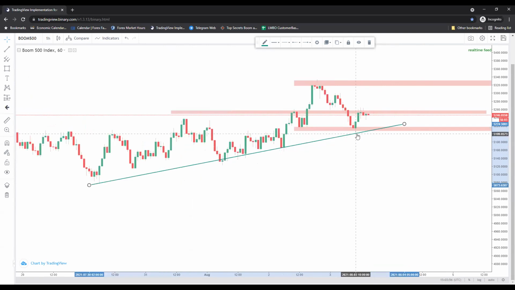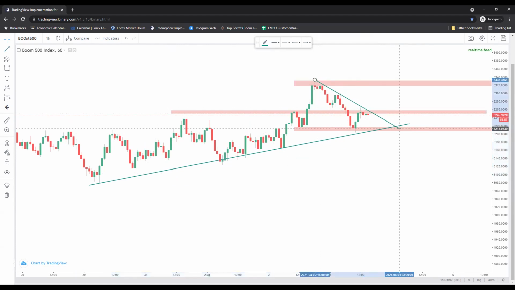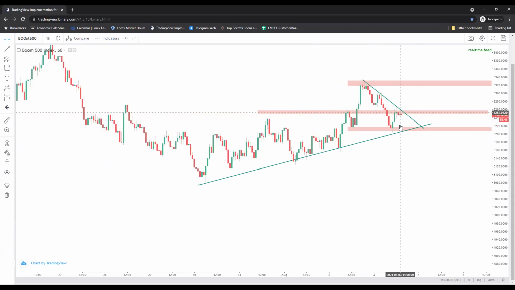It has not touched yet. Correct? Then you have your upper trend line. First touch, second touch, third touch, fourth rejection. What do you expect from this? It is squeezing in. Correct?